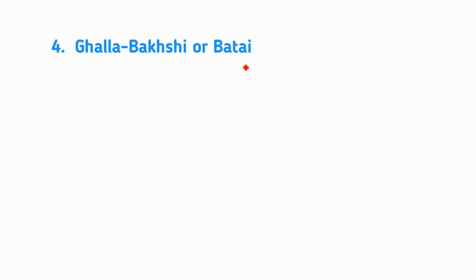Now, the last one is the Galla Bakshi or Batai system. If you belong to North India, in rural areas this system is somehow still prevalent. Now, how will this system be decided? Suppose this is a stock of the grain. Now, it will be divided into, let's suppose, three parts. Let's divide it into, sorry, four parts.